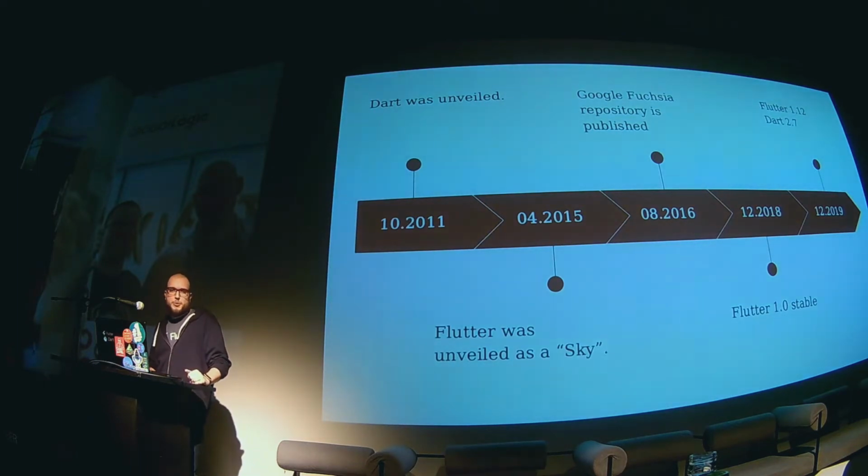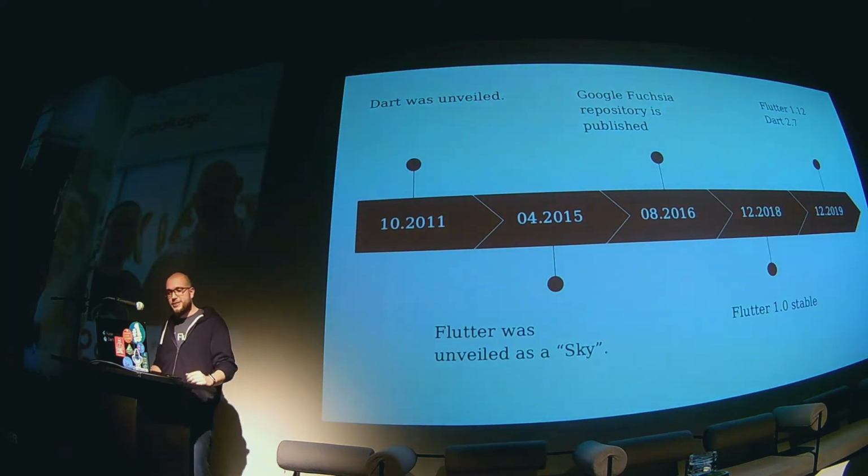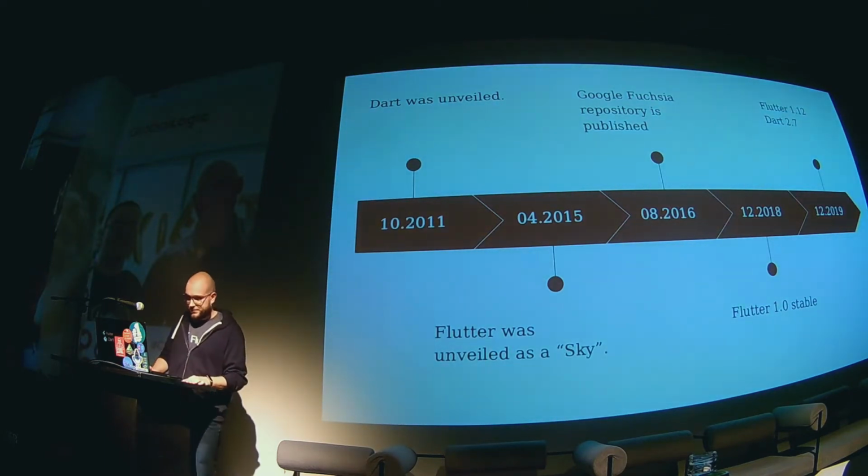A lot of people were expecting that at the last conference in December, Flutter 2.0 with support for the web would be shown, and people were excited for it, but it didn't happen. We have version 1.12. It's pretty solid, it works, and we need to wait, I guess, a couple of months for Flutter version 2.0, so people will believe that it's not some side project of Google, but a stable thing.